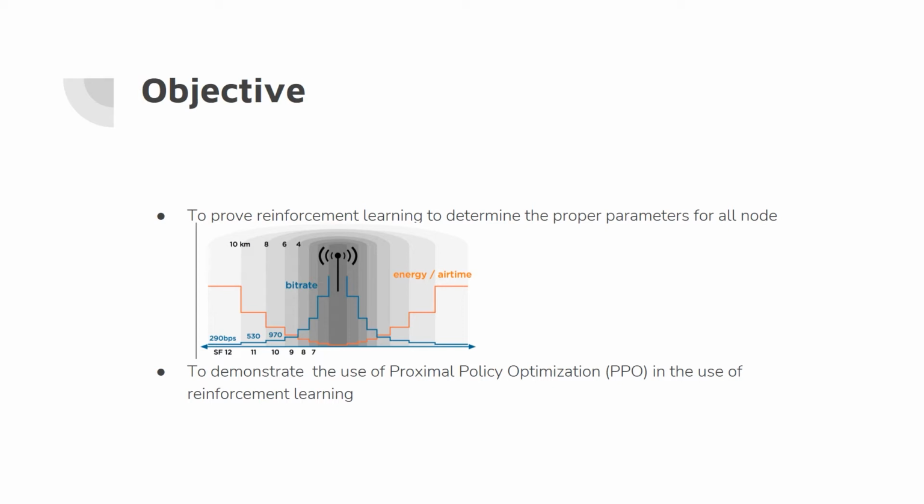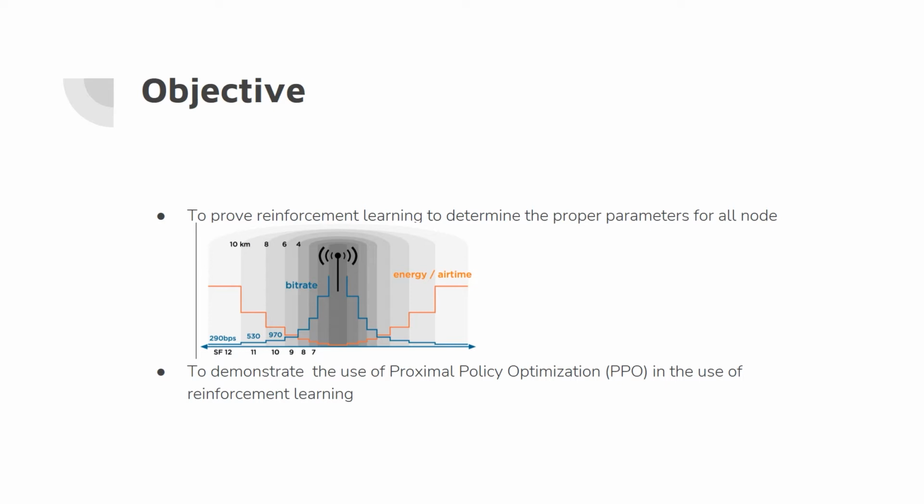And for your information, usually on an offshore oil station, there will be at least up to 6 wellheads. That means I will require at least 6 nodes or even more. That's why I have decided to use reinforcement learning to determine the proper parameters for all the nodes.